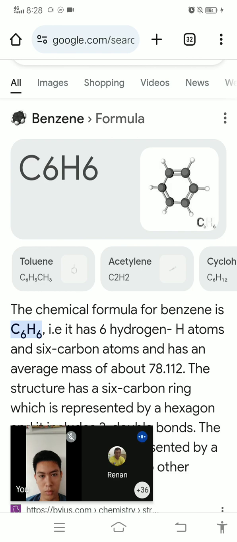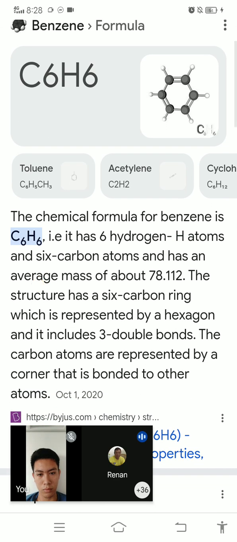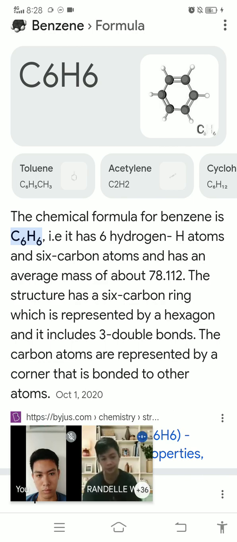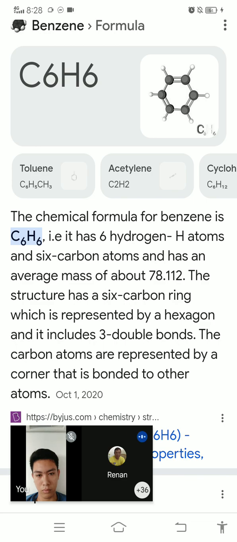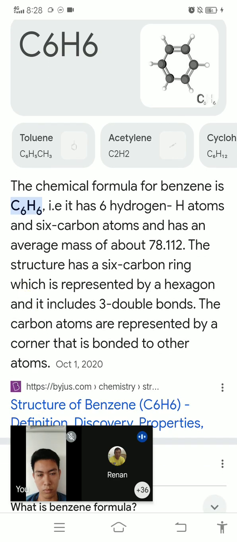Because these things I am emphasizing are the ones to come out in the exam. So benzene, what is the formula? C6H6. Am I correct? Yes, sir. If it is C6H6, how do you visualize it?